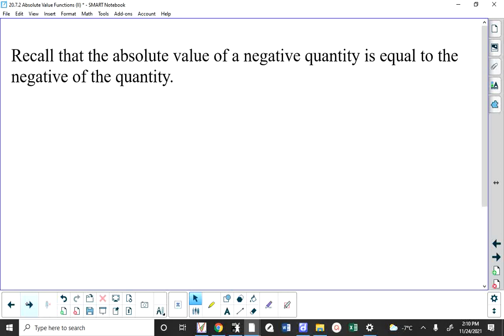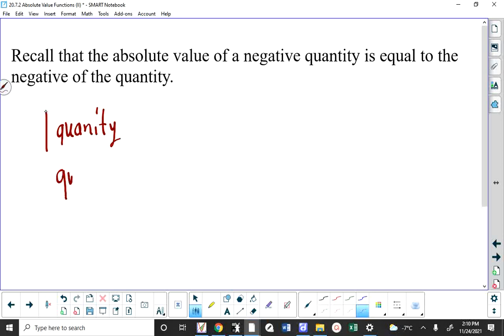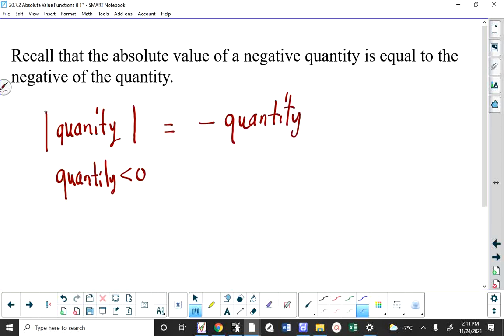What am I saying? I'm saying the absolute value of a quantity, where the quantity is negative, is equal to the negative of the quantity. Does that make sense?